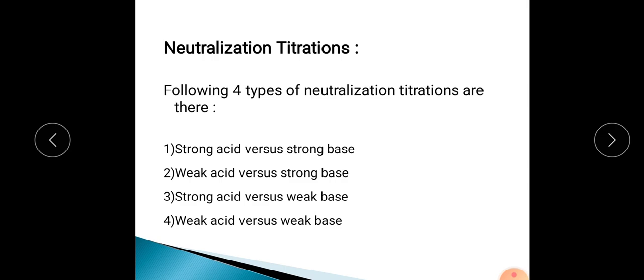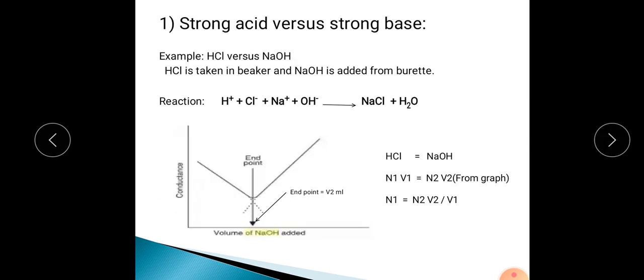So depending on which type of acid reacts with which type of base, the neutralization titrations are possibly of 4 types: strong acid versus strong base, weak acid versus strong base, strong acid versus weak base, and weak acid versus weak base. These 4 neutralization titrations we are going to study. First of these is the strong acid versus strong base titration.